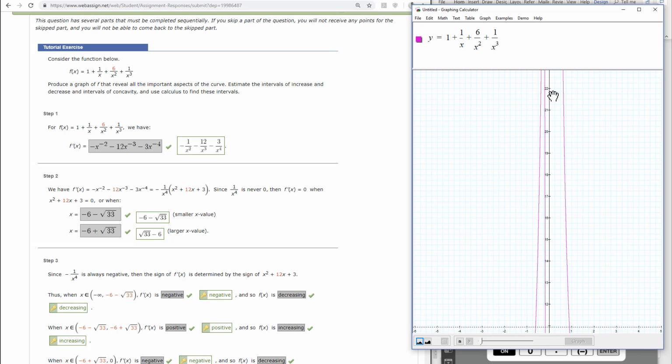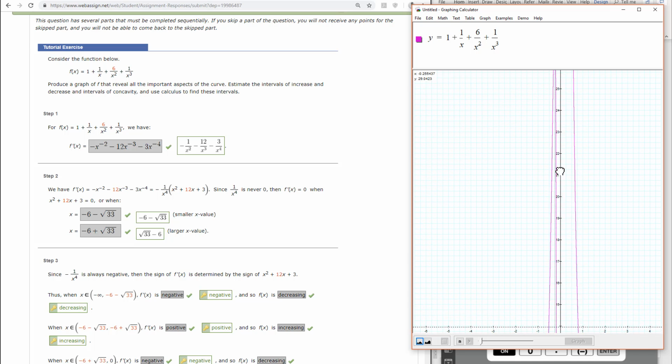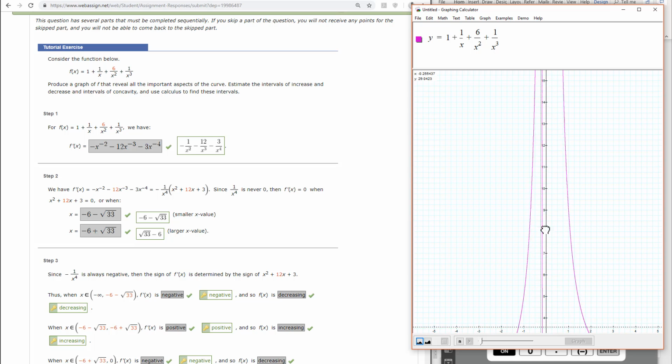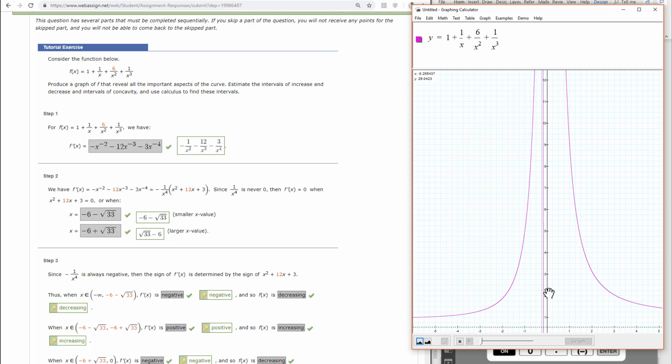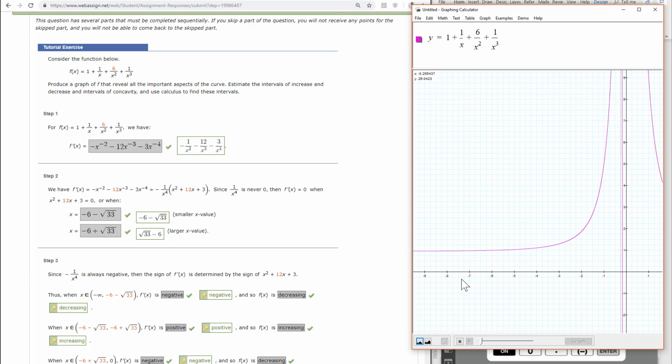It looks like there's a little maximum that happens up here when x is equal to -2. We saw that earlier as a change in direction. When x is positive, it just keeps going down, concave up, so there's nothing to really see there.